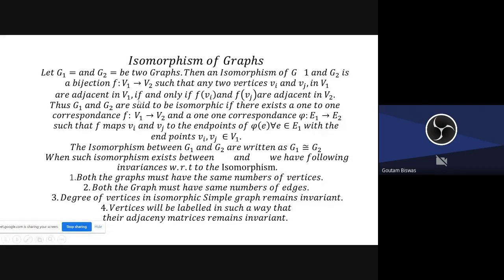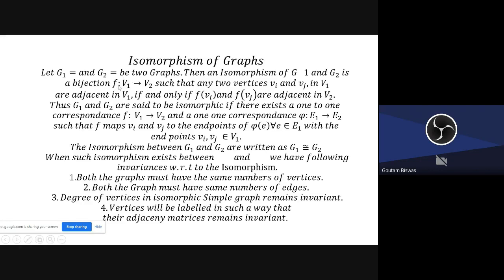Now isomorphism is defined in such a manner here. So the shape of the geometric figure remains the same in congruency. Now suppose G1 and G2 are 2 graphs. An isomorphism of G1 and G2 is a bijection. Now what is called a bijection? It means from the set V1 to the set V2 there is a mapping such that the mapping is 1-1 and onto.